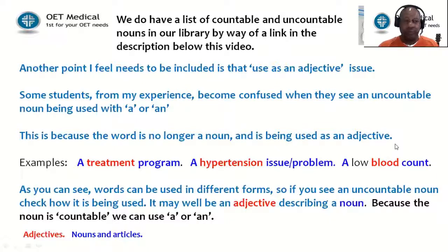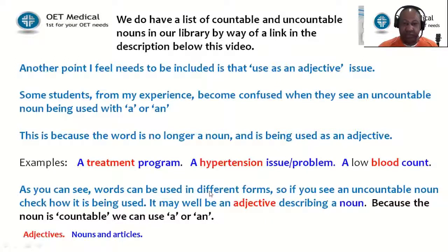Nearly all nouns in English can become adjectives if you want them to become an adjective. For example, a book is a noun, but if I want to go to the bookstore, it's a store that sells books. So book changes from a noun to an adjective. That's very common in English. So if you don't know this, and I have had students who get a little confused about this, this should help you.